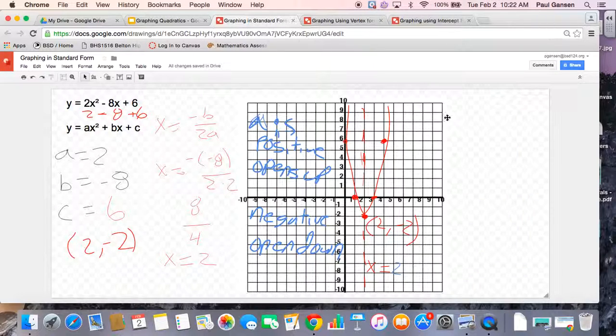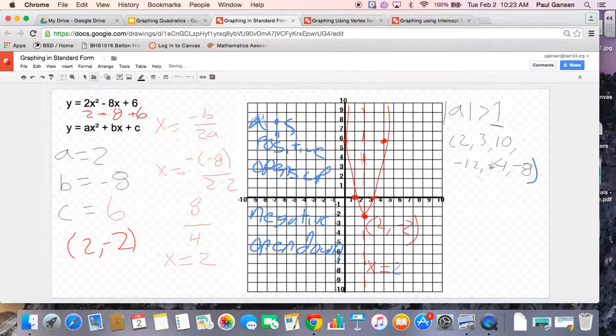The other thing that a does, and I'm going to write this very technically but I'll describe what it means, is when the absolute value of a is larger than 1. So these are numbers like 2, like we had here, like 3. Remember, absolute value means distance away from 0. Anything that's larger than 1, as well as all the negatives that are smaller than negative 1, so numbers like negative 12, negative 4, negative 8.